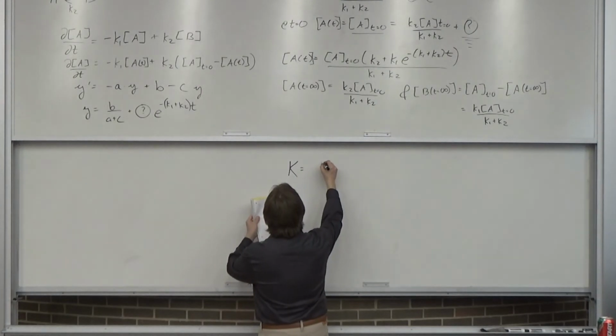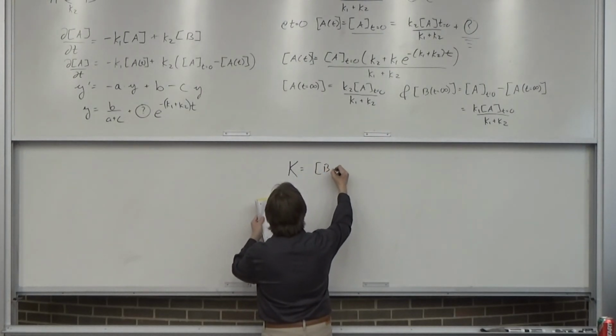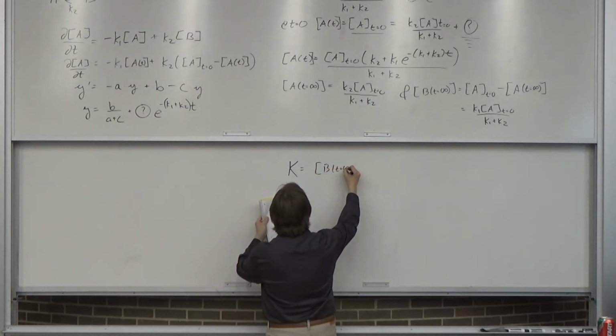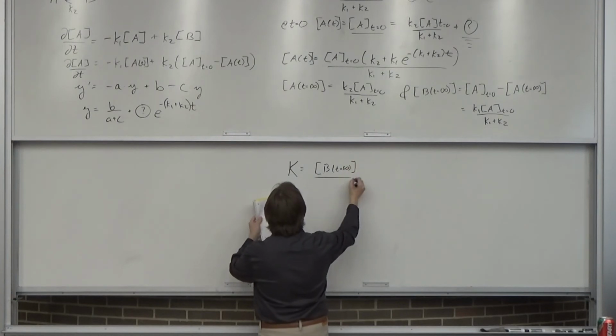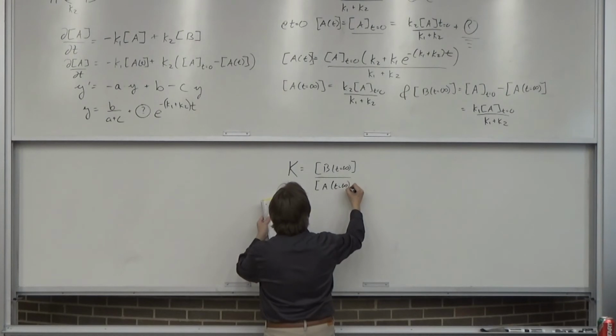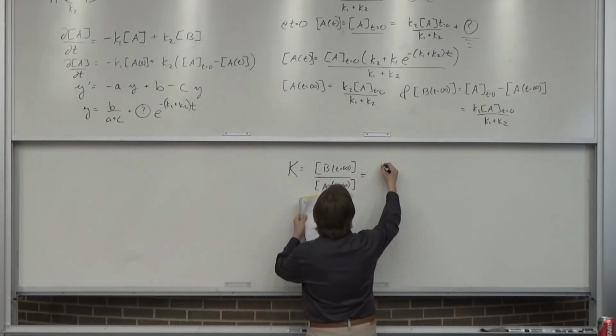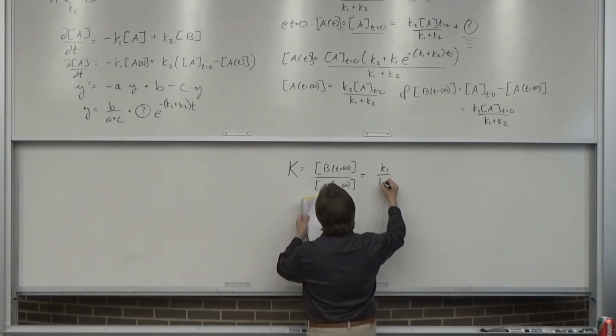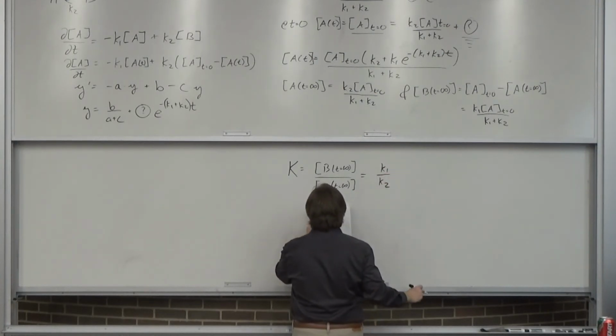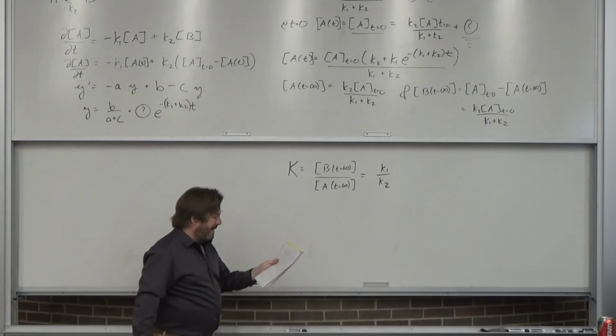That would be concentration of B as a product once, we'll say, infinite time has passed, divided by the reagent after infinite time has passed. And if you just look up there, it's not hard to see that everything cancels. It's just K1 over K2. So there you go.